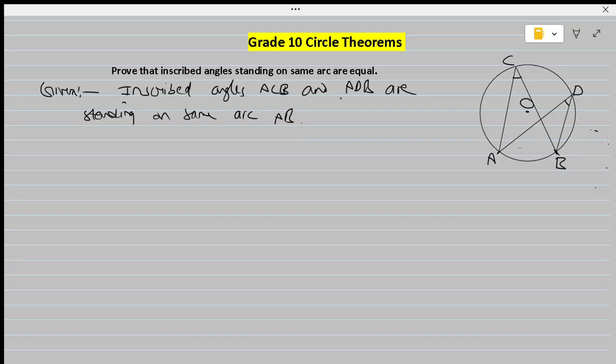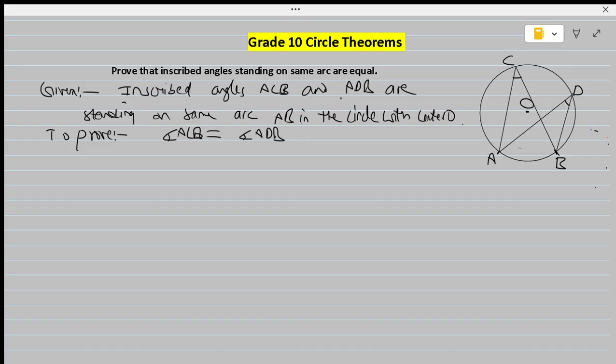That's the thing which we are given here. You may say in the circle with center O. And after that, what we have to prove, that we write here. To prove: these inscribed angles ACB and ADB are equal.